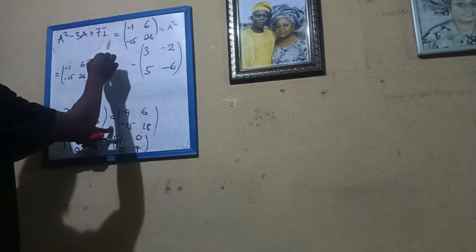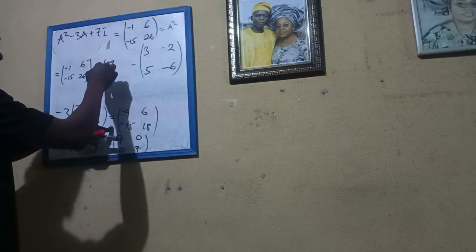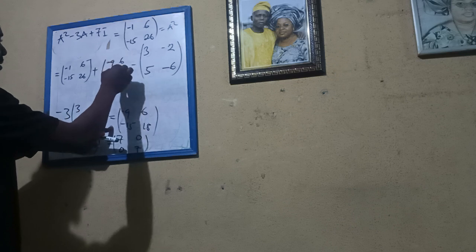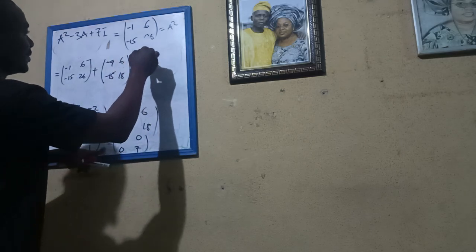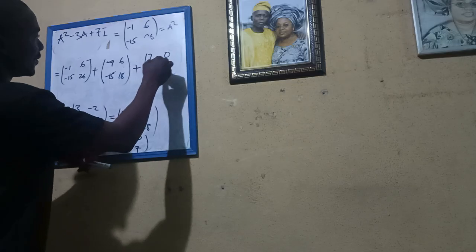Minus 3a is given as minus 9, minus 15, 6, and 18. Good. And plus 7i. Then, since I don't need a specifically, I can move it up. So I can add plus 7i, which is the same as 7, 0, 0, 7.